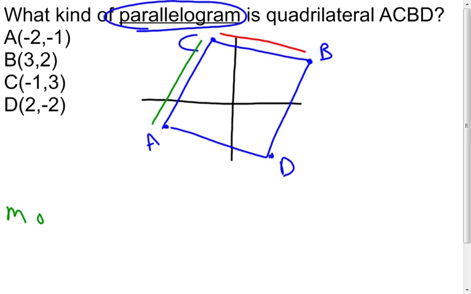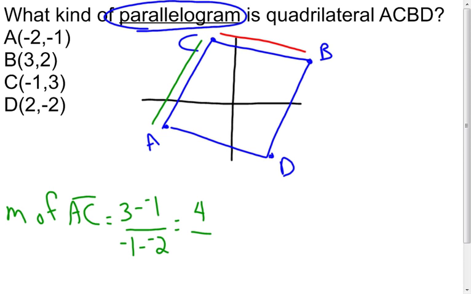So I'm going to start off with the slope of segment AC. I'm going to take my y values and subtract those, so 3 minus negative 1, and then divide by my x values that I subtract, and I end up with 4 over 1, so a slope of 4.